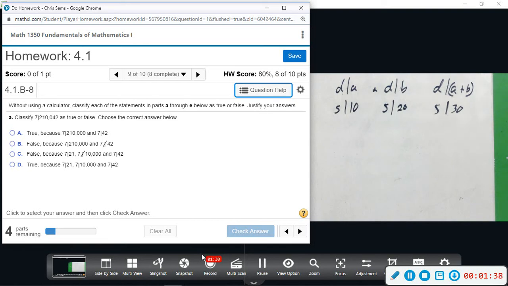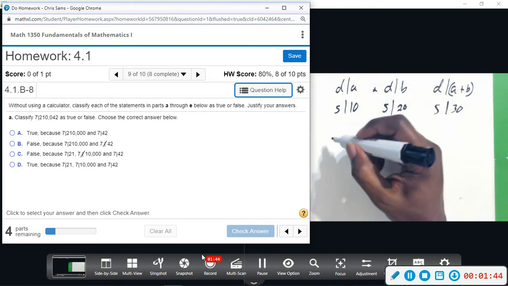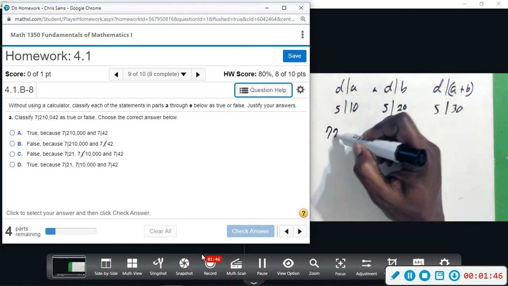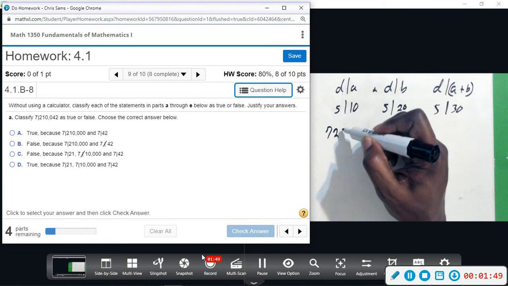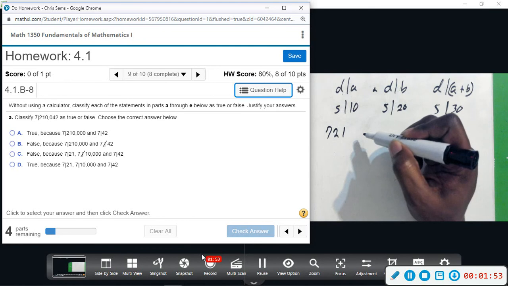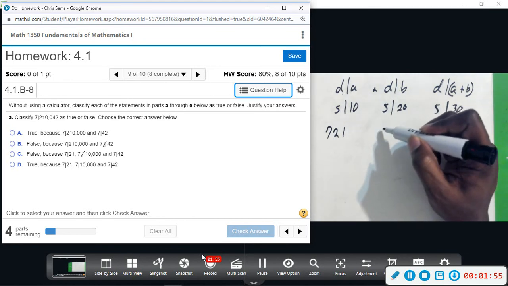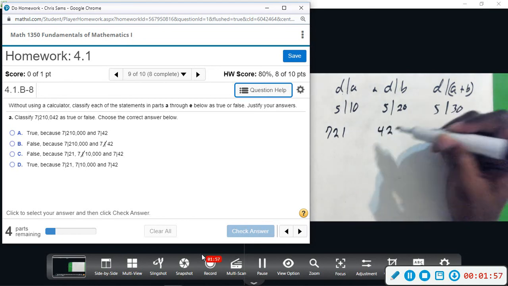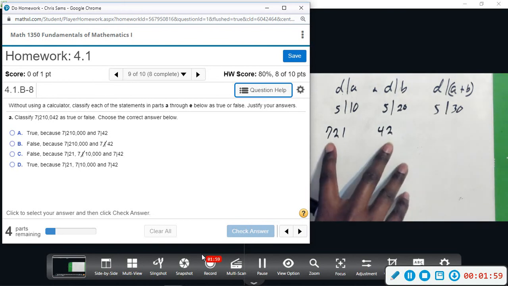So we have 72, 10, and 42. I'm going to look at those as separate numbers. So 7, 2, 1, and then the back end is 42. I'm going to look at these two groups. The zeros in the middle will be fine.